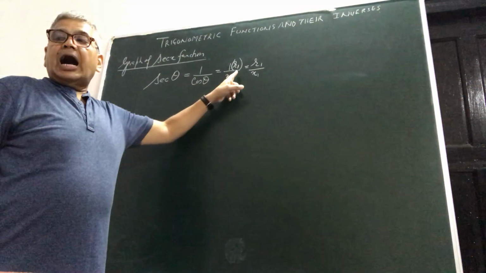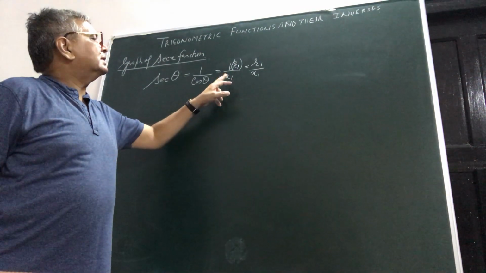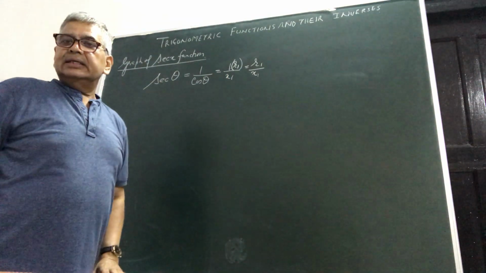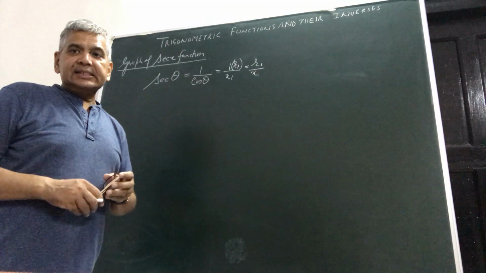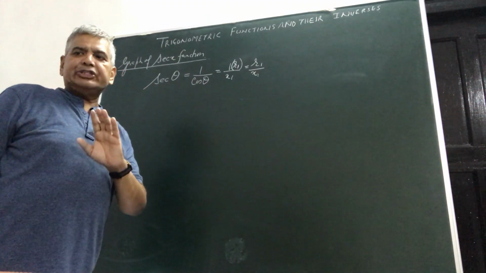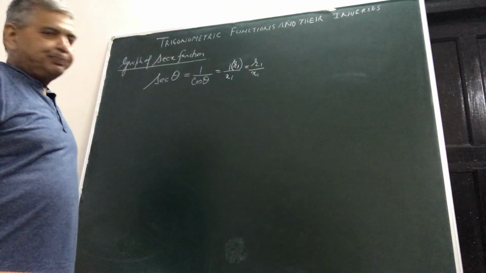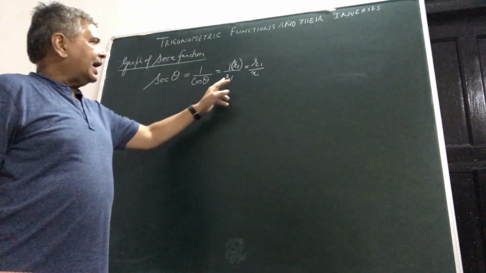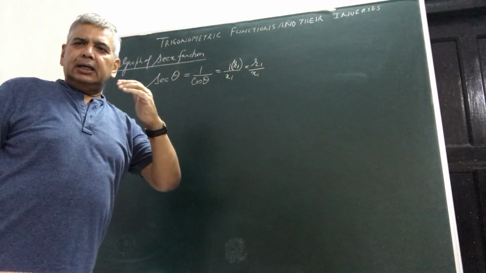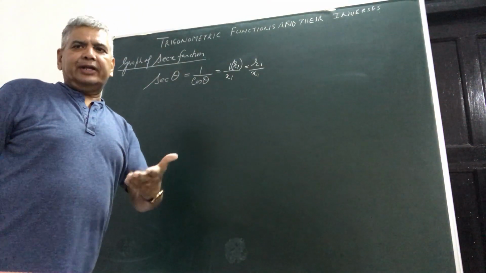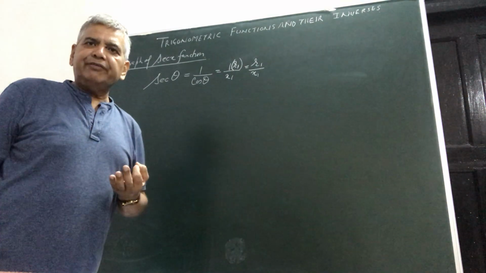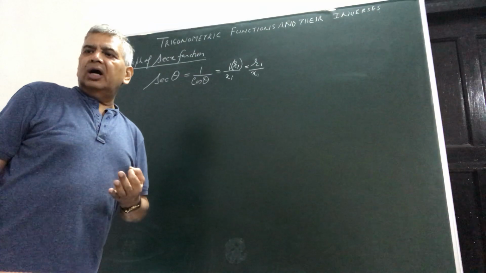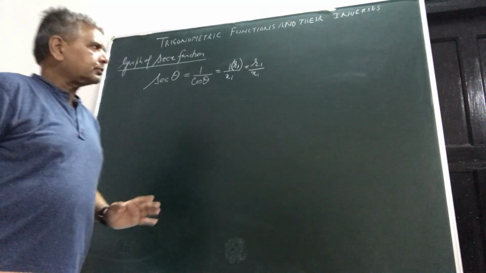See, R1 and X1 are respectively the distance of the arbitrary point chosen on the terminal ray, and X1 will be the x coordinate, or better you call it the abscissa, of that arbitrary point which you have chosen on the terminal ray.